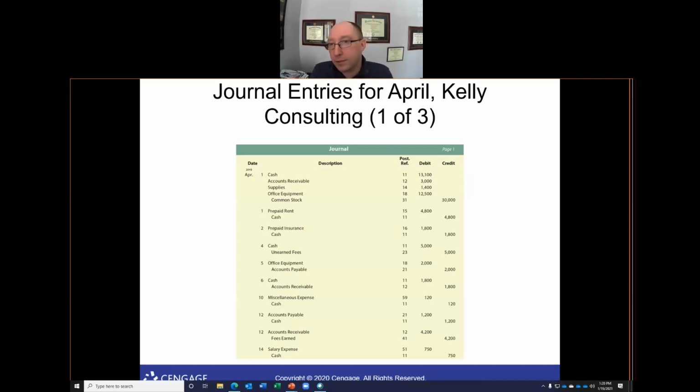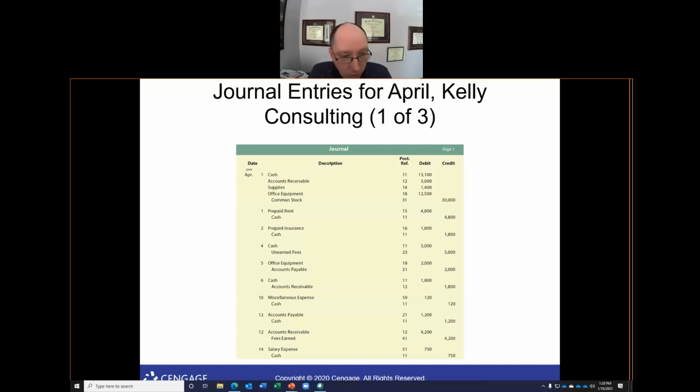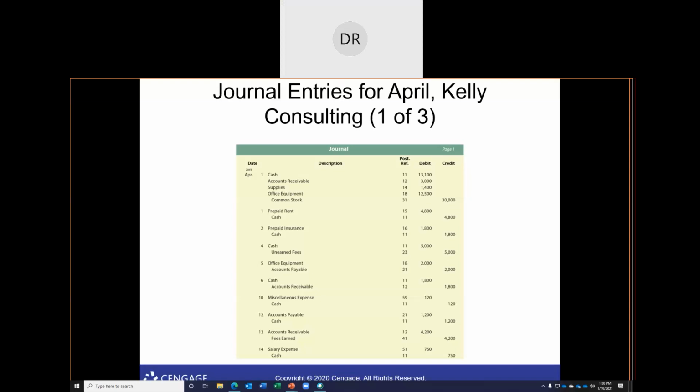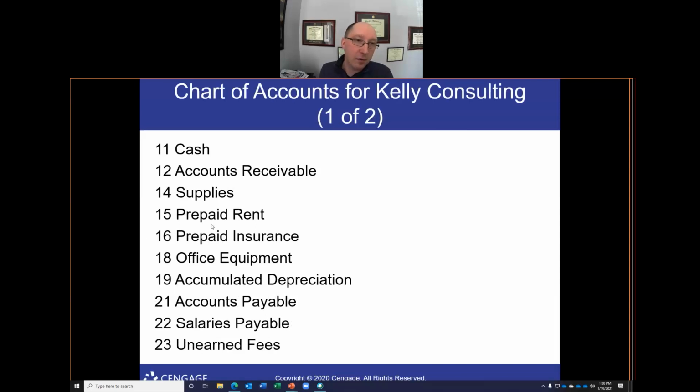Go ahead. This number, this top, before all that you just showed us. I'm sorry? Is this in our book, or is this just how it looks for you on yours? Yeah, it's a business. For this example, this is a consulting business, and what I just showed you is the chart of accounts for that consulting business.